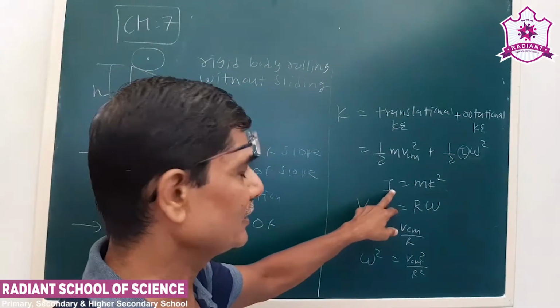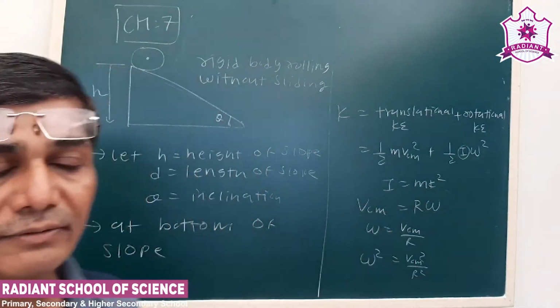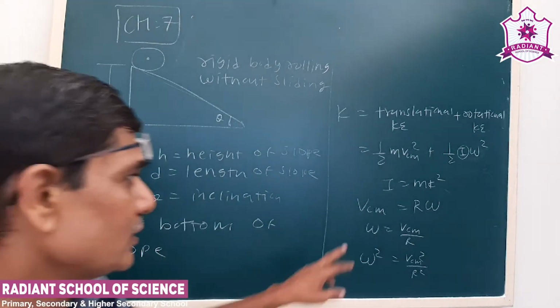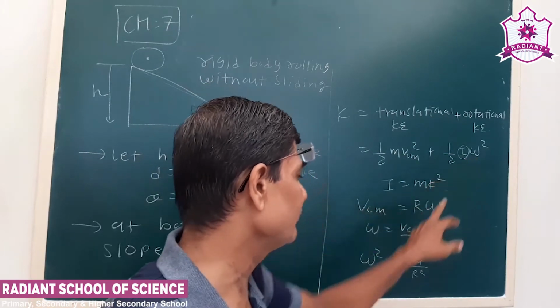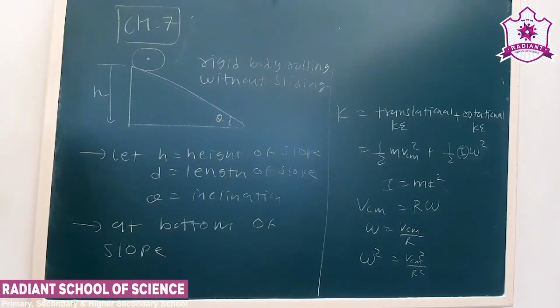Earlier we have seen the relation I is equal to mk square, where k is the radius of gyration. VCM is R omega, so omega will be VCM by R. Here we want omega square, so we can write like this.